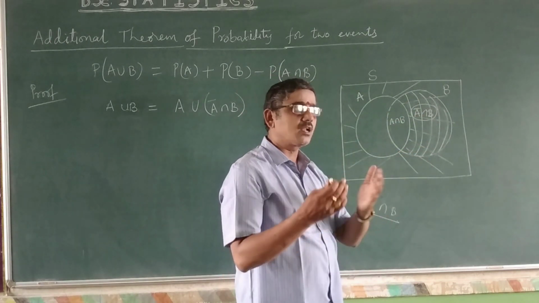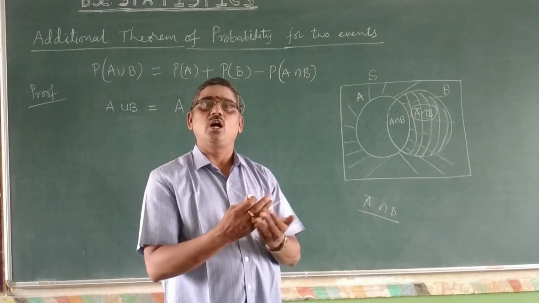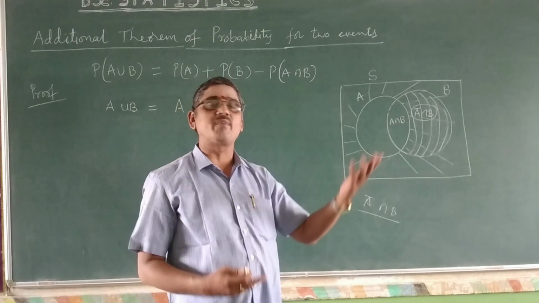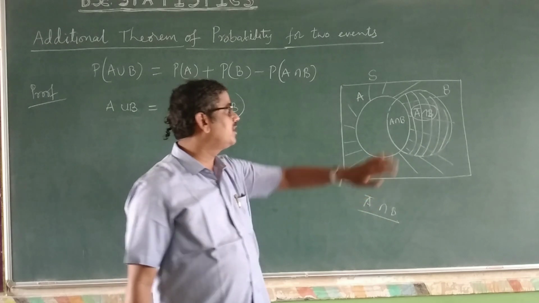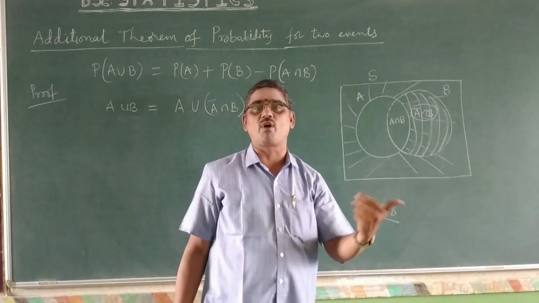If you consider the union of these two disjoint events, these two are disjoint. Why? Because there is no common element between A and A complement intersection B. Therefore, they are disjoint.